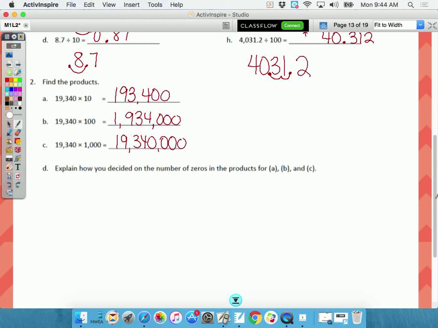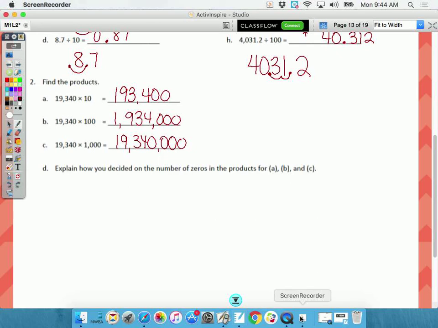What did you do? Just, on the end, I used the 0 trick. Is that what you used? Yep. What really happens though? The number gets larger, it shifts over to the left on the place value chart, one place value for every 0.